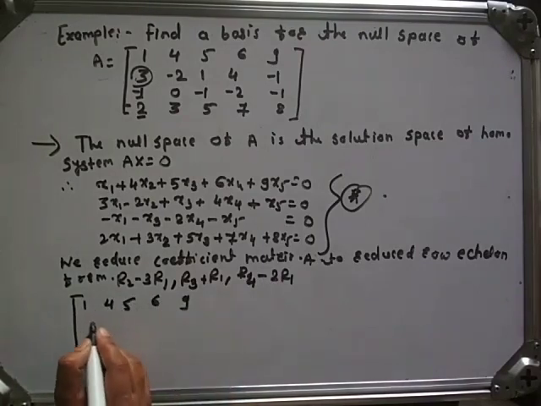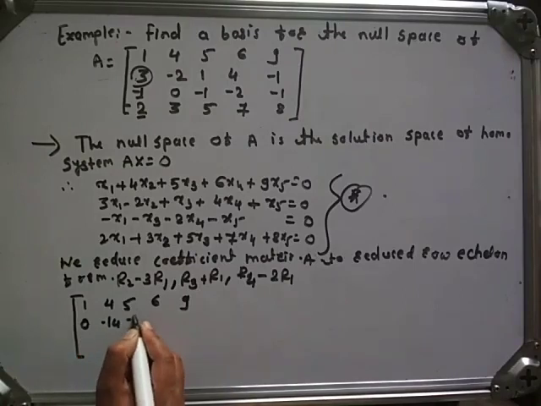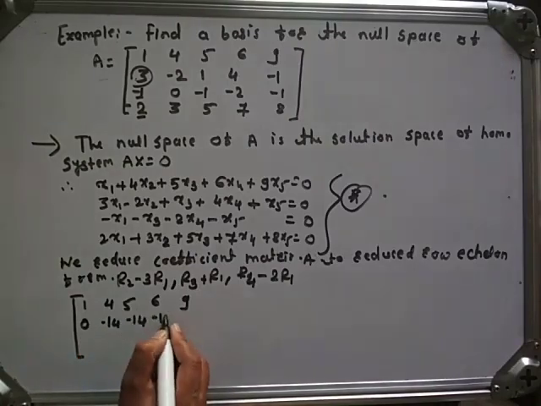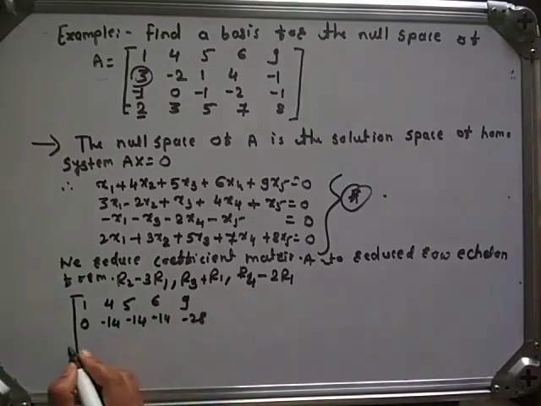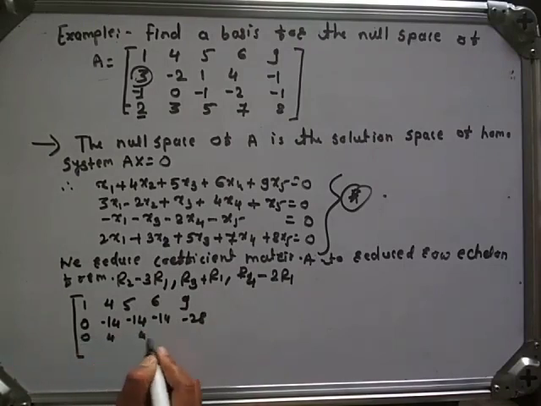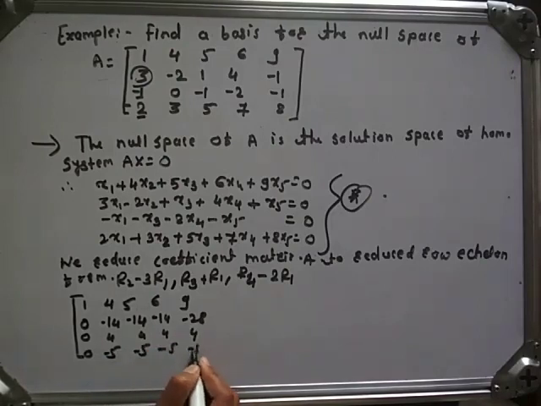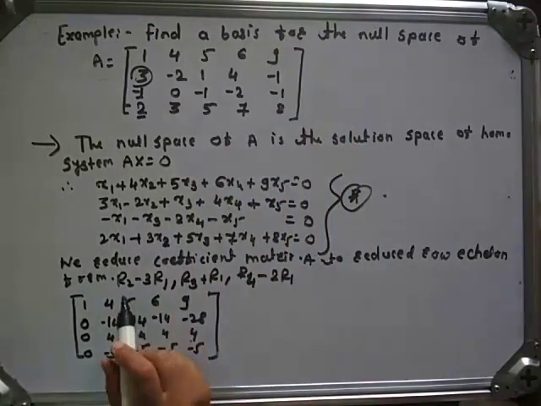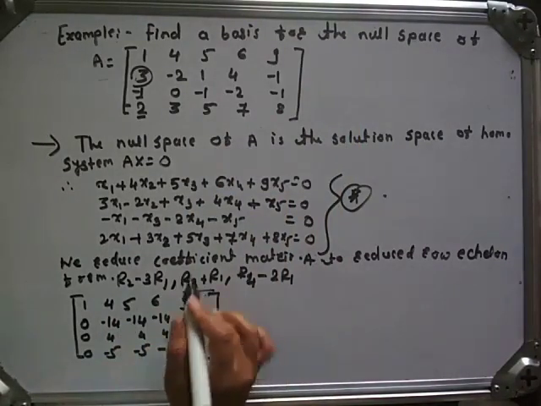First row as it is. 0, -14, -14, -14, -28. 0, 4, 4, 4, 4. 0, -5, -5, -5, -5. See here students, here we have performed the row operation R3 plus R1.